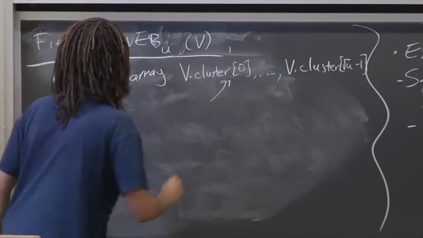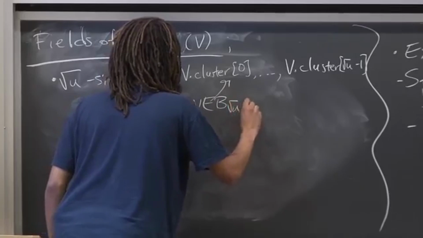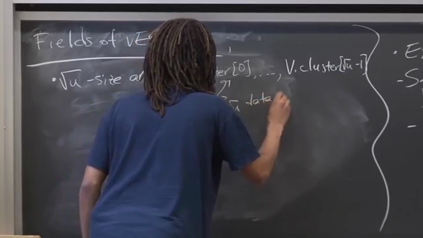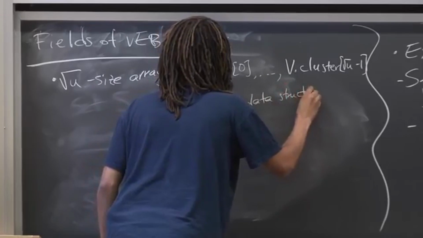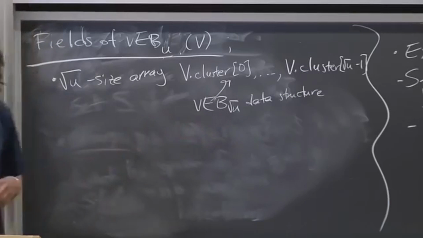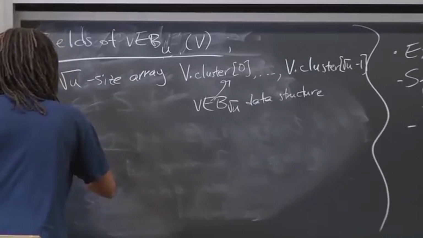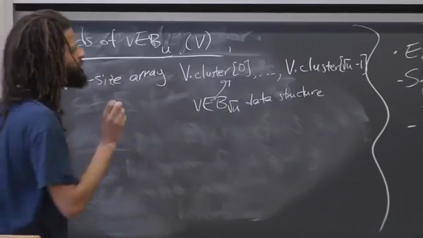And this is a VEB square root u data structure. What I mean is the elements in here are numbers between 0 and square root u minus 1. We'll also store the max.